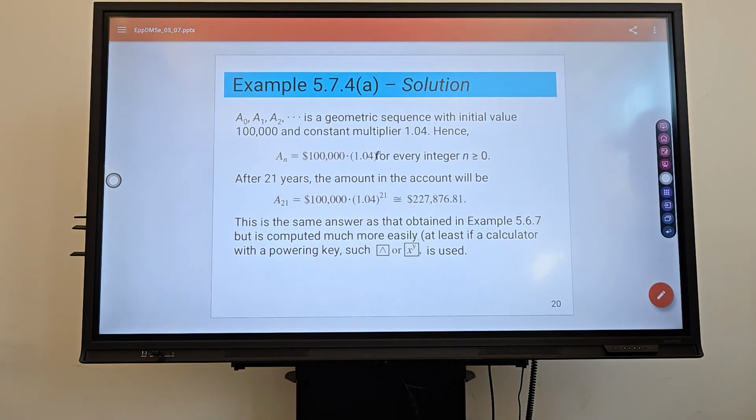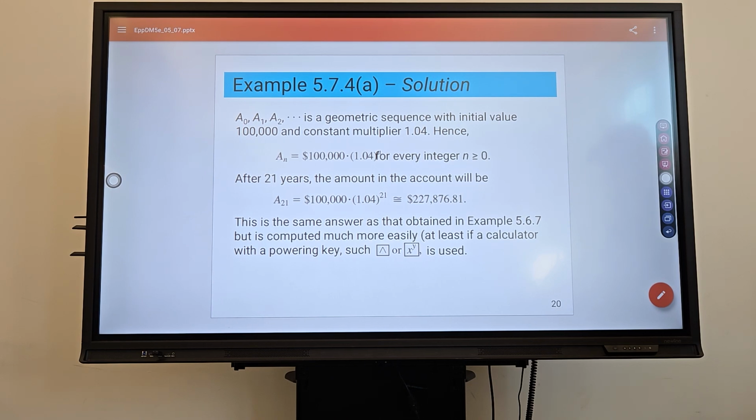Well, a is a geometric sequence with initial value 100,000 and a constant multiplier 1.04. So a sub n equals 100,000 times 1.04 to the n for integers n greater than or equal to 0.